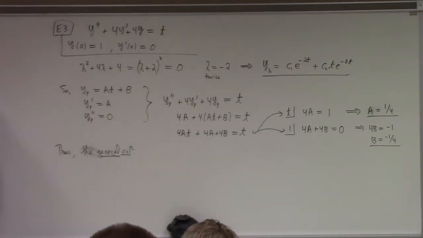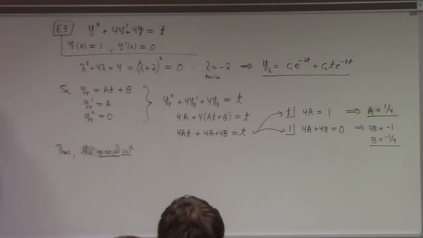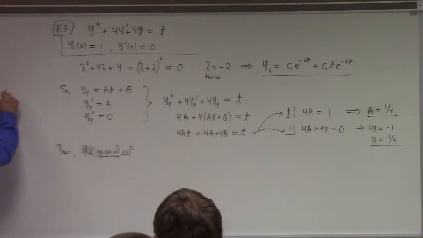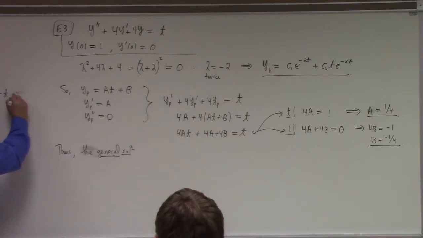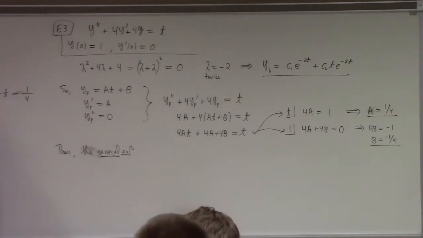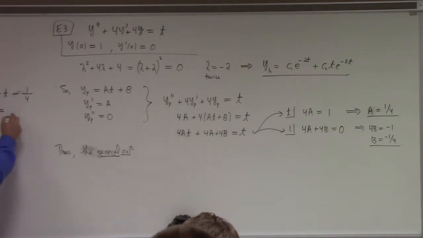Like here, yp is what? We just figured it out. It's 1/4 t, right? Plus minus 1/4, right? So what is yp of 0? Apparently it's minus 1/4, right? What's yp prime of 0?